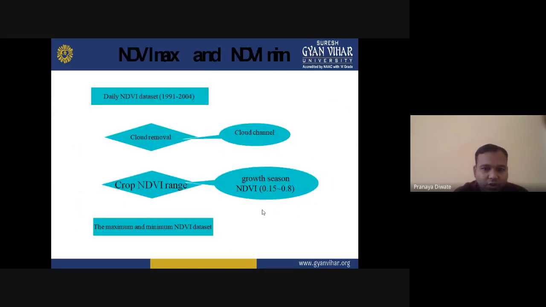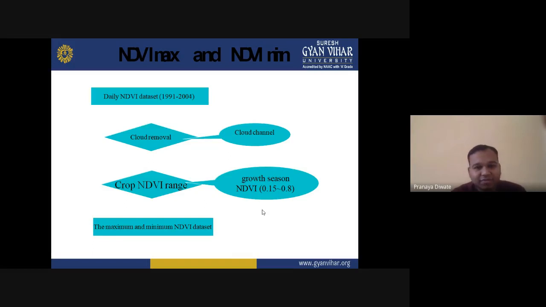You have to use NDVI maximum and NDVI minimum. NDVI is the normalized difference vegetation index.